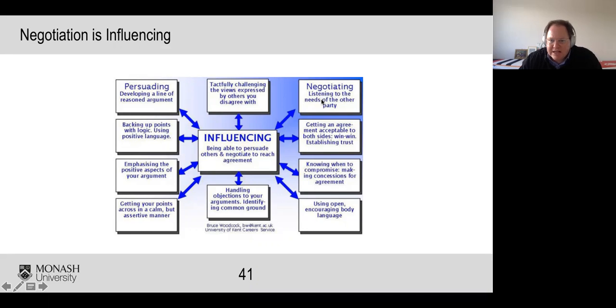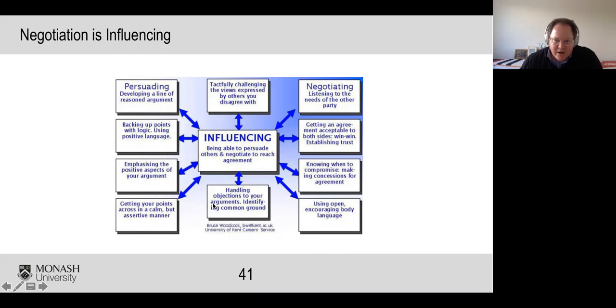So negotiating is as well listening to the needs of the other players, getting as well an agreement acceptable to both sides. So win-win, establish trust, knowing when to compromise, making concessions for agreement, using open, encouraging body language, and then here we're going already into the dilemma of being just Zoom aligned.